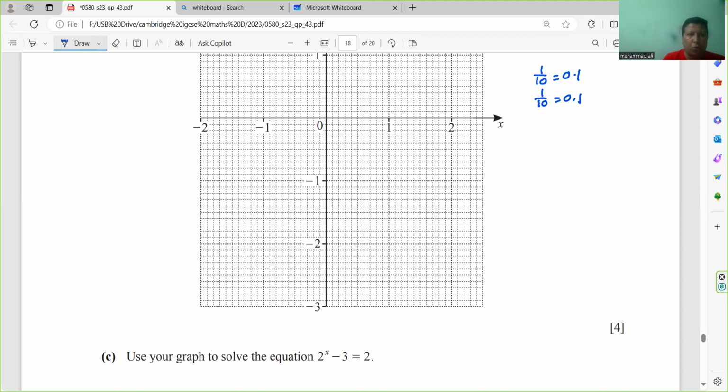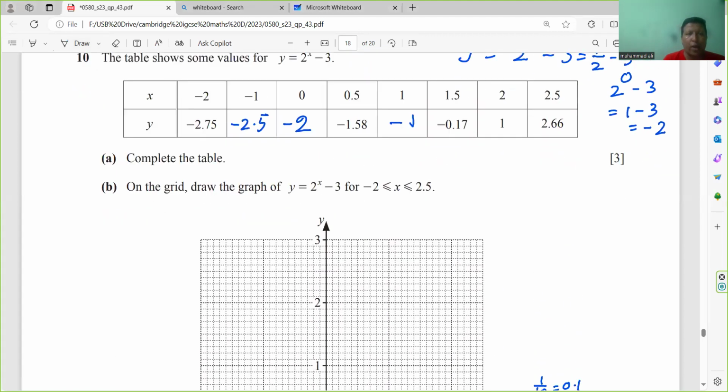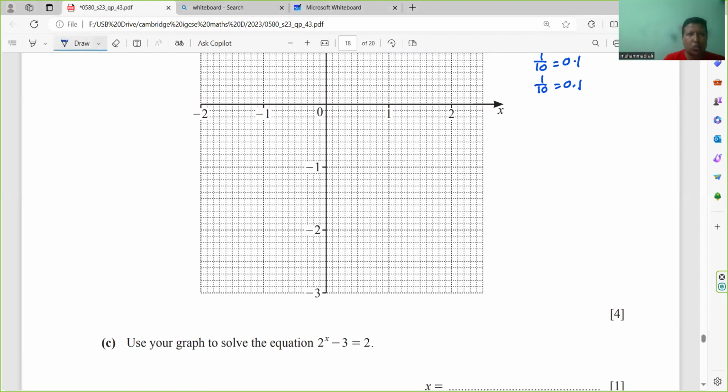Now we have to put the coordinates. When x equals minus 2, y equals minus 2.75, here, between minus 2.7 and minus 2.8.